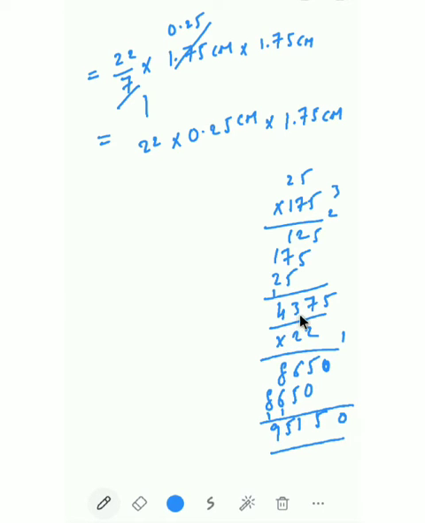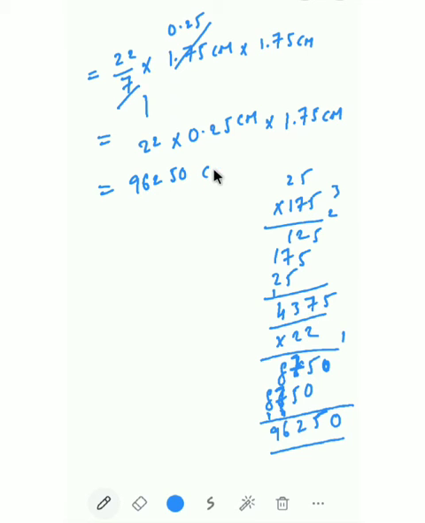Once again we shall check. I've made a mistake here, it should be 7 as well as 7.